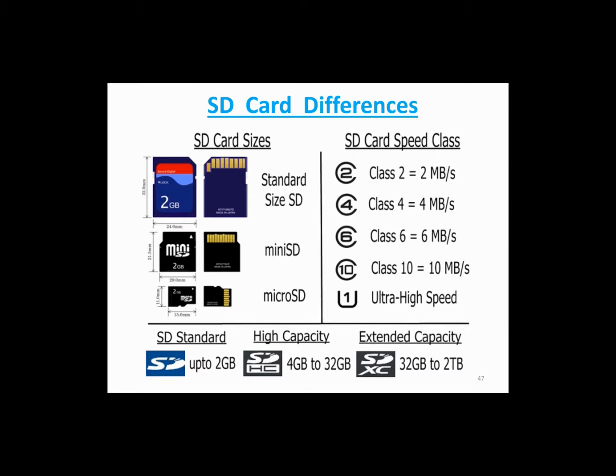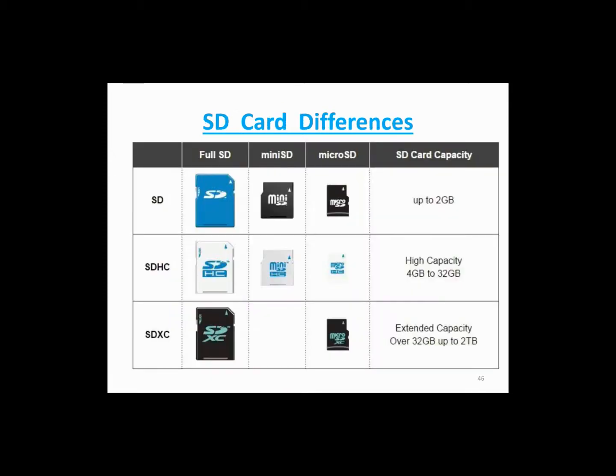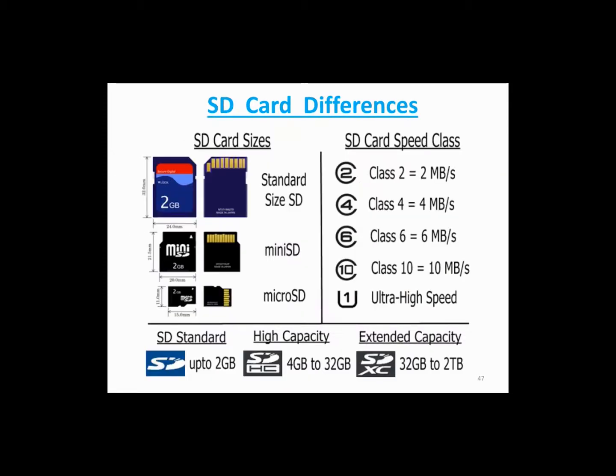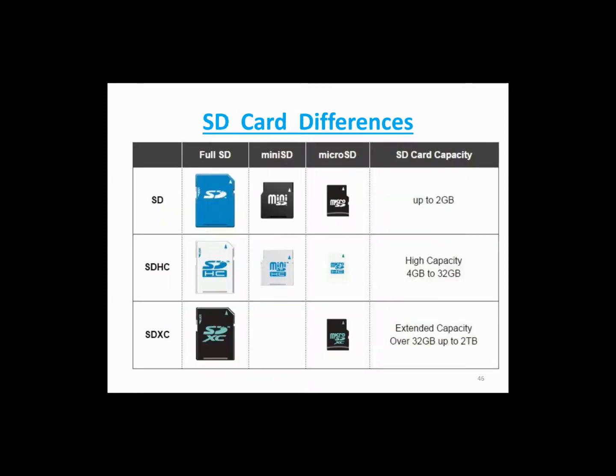High capacity is 4 gig to 32 gig. And extended capacity is 32 gig to 2 terabyte. So you've got to make sure what capacity your device, your phone, your camera, or whatever it may be, has. Match the same capacity size. You don't go under, you don't go over. You need to be within the specifications your instruction manual tells you about your products.